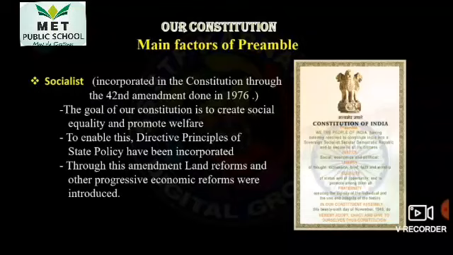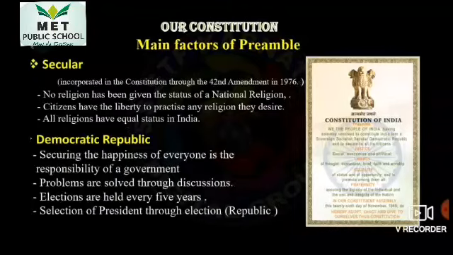To enable this, directive principles of state policy have been incorporated. Their main aim is the welfare of the society. This principle was borrowed from the Irish Constitution. Through this amendment, land reforms and other progressive economic reforms were introduced.